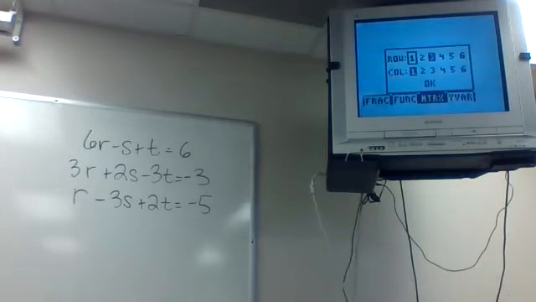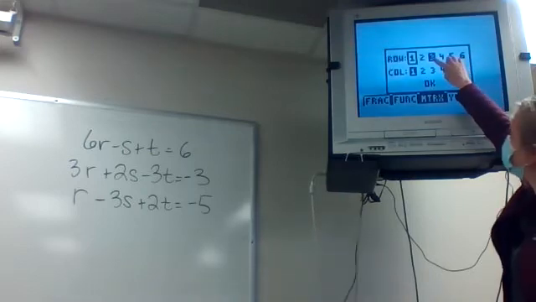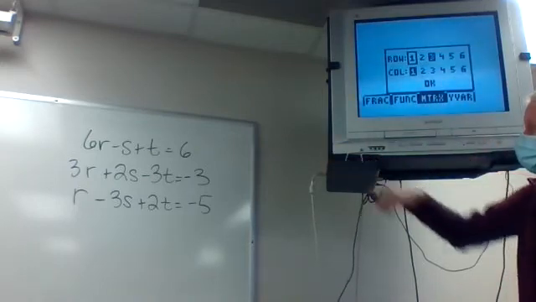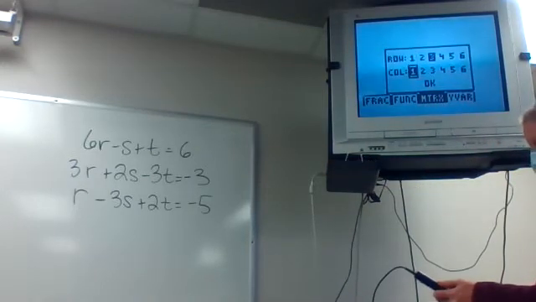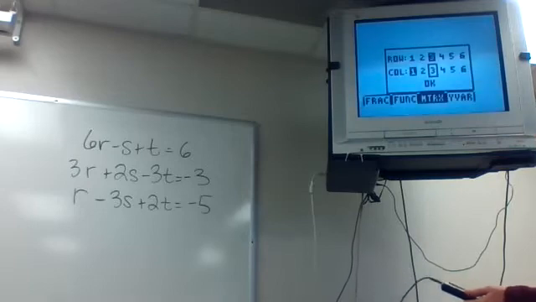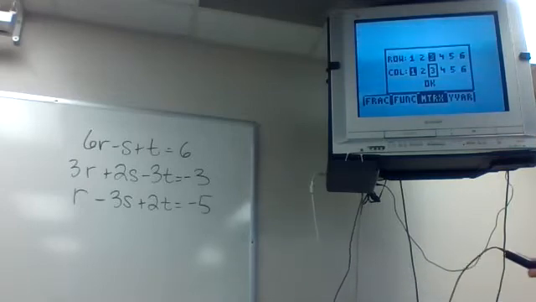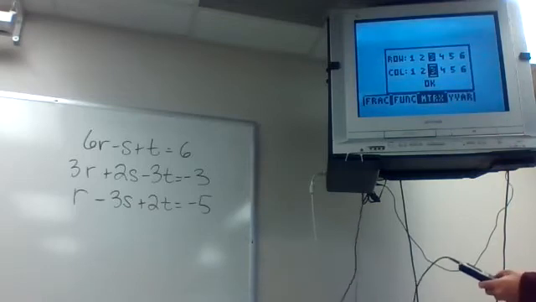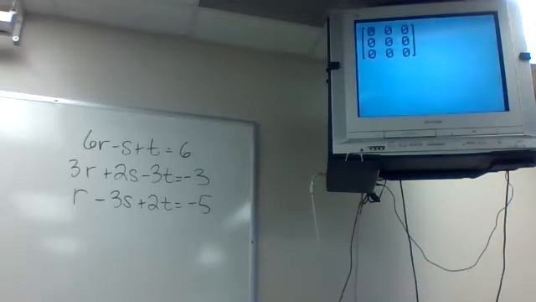That takes you right straight to the matrix without going to the matrix menu. So you tell how many rows? How many columns? My first one is 3 rows and 3 columns. So go over to 3, hit enter, go down to OK.